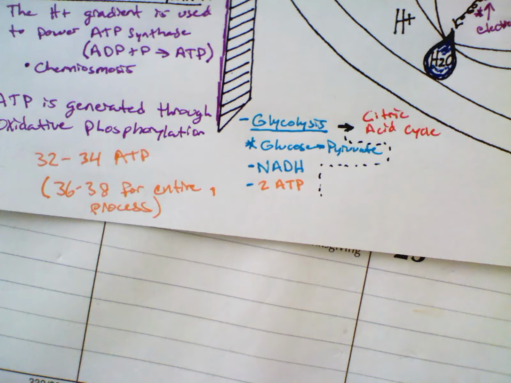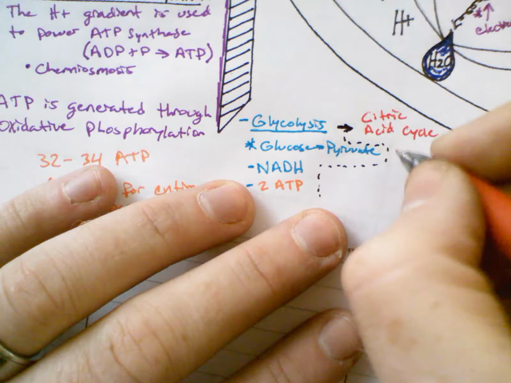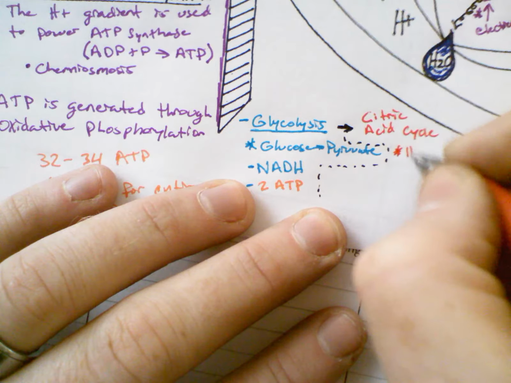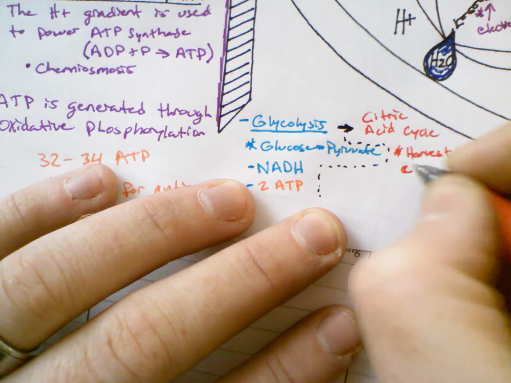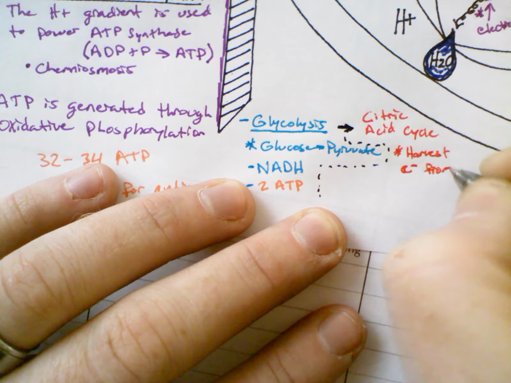In the citric acid cycle, our primary function is going to be to harvest electrons from pyruvate.